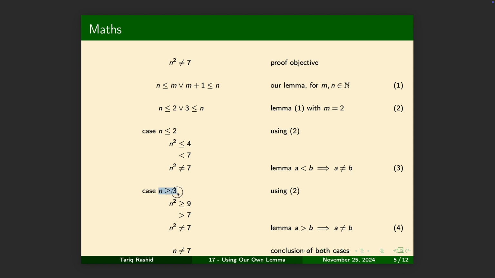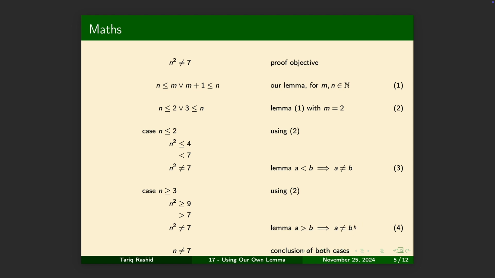And then in the other case, for the larger numbers, n squared is more than or equal to 9, because n is more than or equal to 3. So that's more than or equal to 9, which is more than 7. And then by using another tiny, minuscule lemma, that's not 7. So that teeny lemma will be a is more than b implies a is not b.